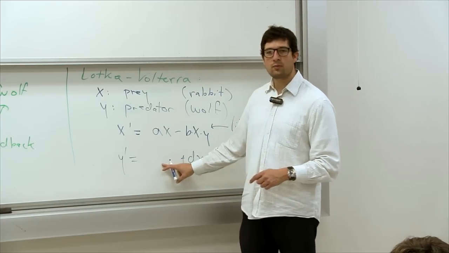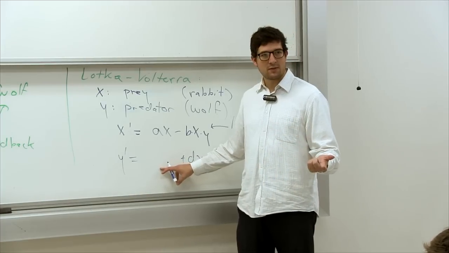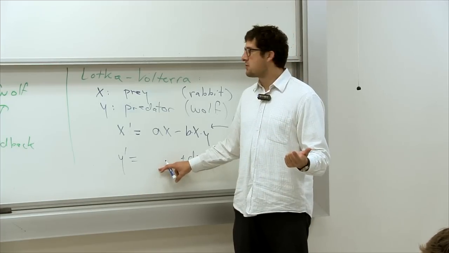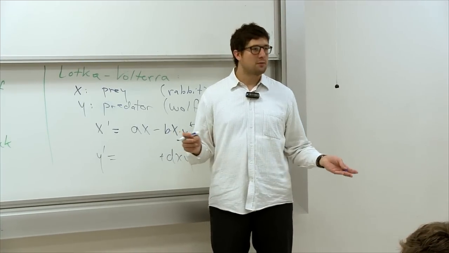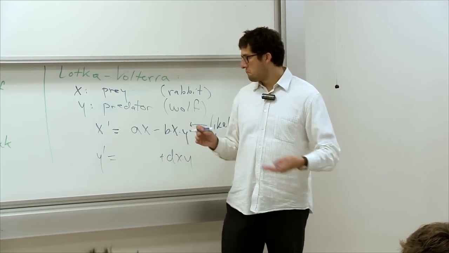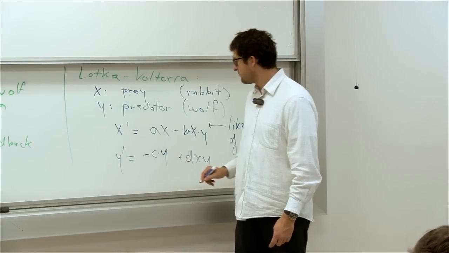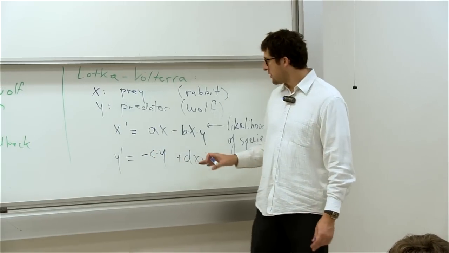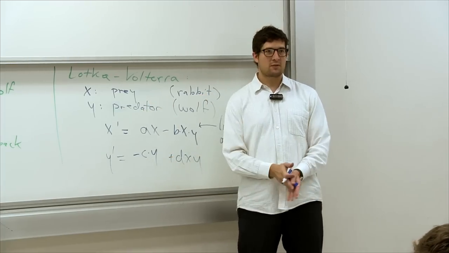Okay, and in the beginning I'm going to put what the wolves would do in the absence of rabbits. Here Lotka-Volterra introduced a very simple situation. They just die out in a very simple way, minus C times Y. So if there's no rabbits to support them, the population of wolves diminishes exponentially.